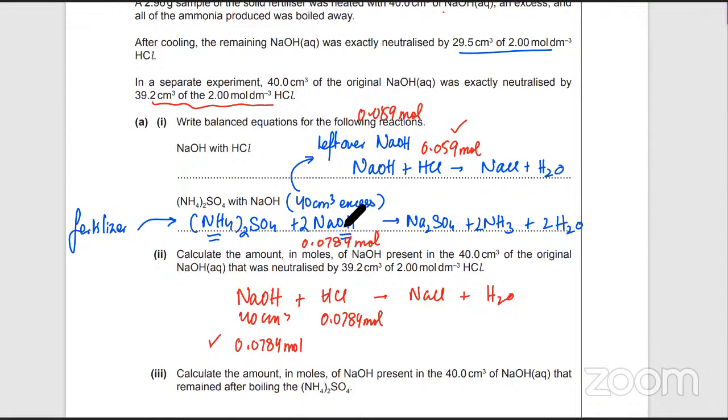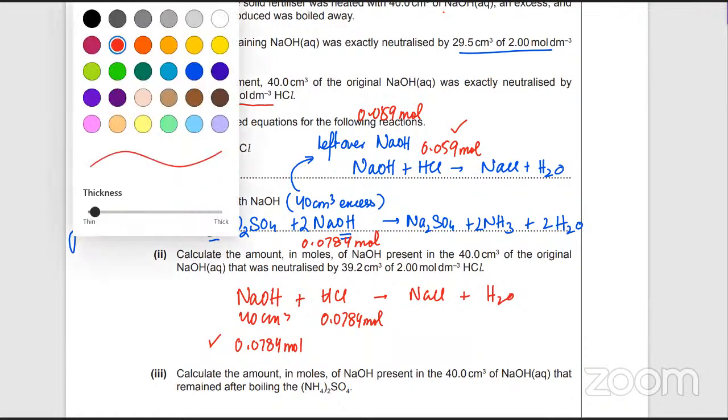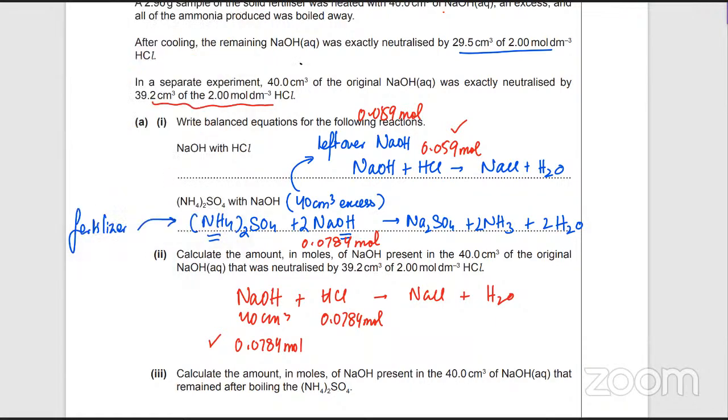Then he's going to ask you, okay, what is the amount of NaOH that actually reacted with this? So this is what you added, and this is what is left at the end. So it's 0.0194 used. How much is it? 0.0194.